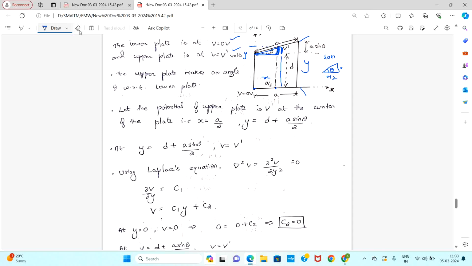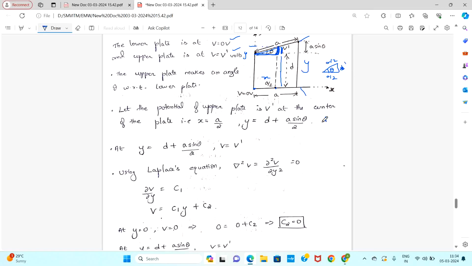Okay, once again. So I can also take this as a by 2, half of it. If it's the middle, then this portion will be half. This is your hypotenuse. This is opposite. Let me call it d dash.